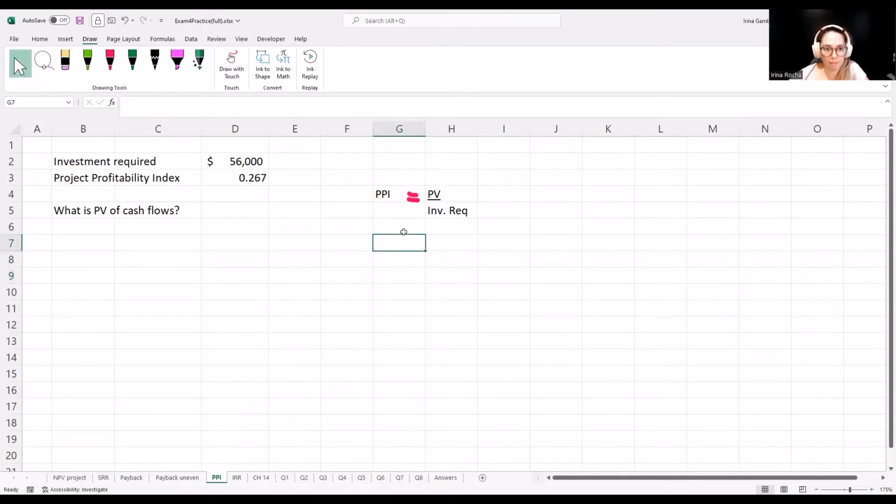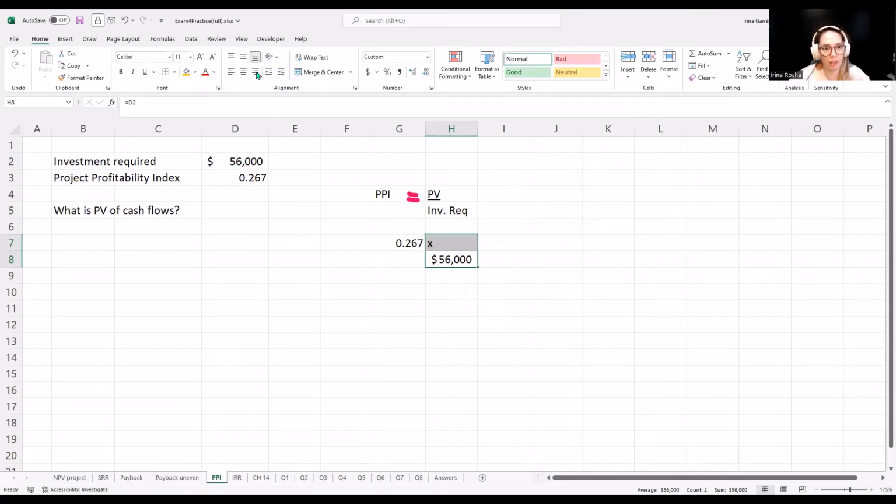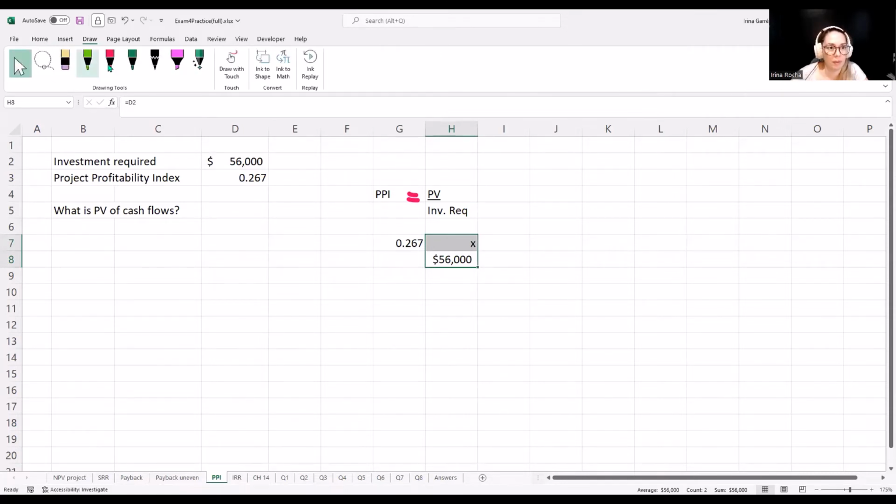So we know that this number is the same as X divided by that number. So we could say that's the formula. In other words, we just have to multiply, right?